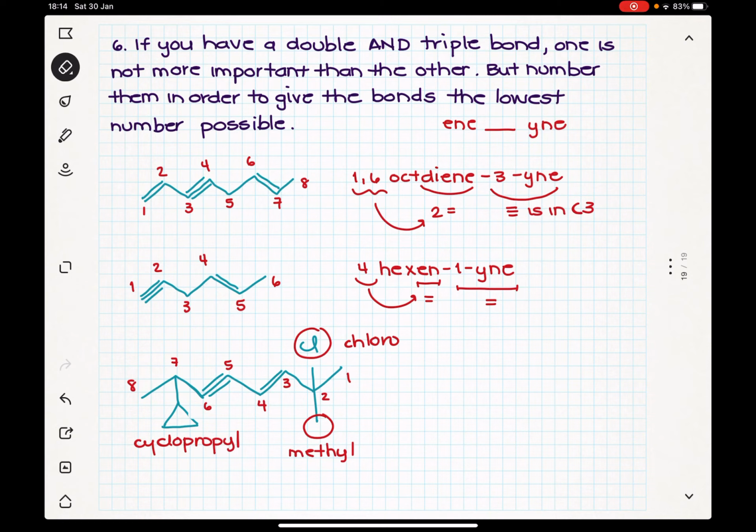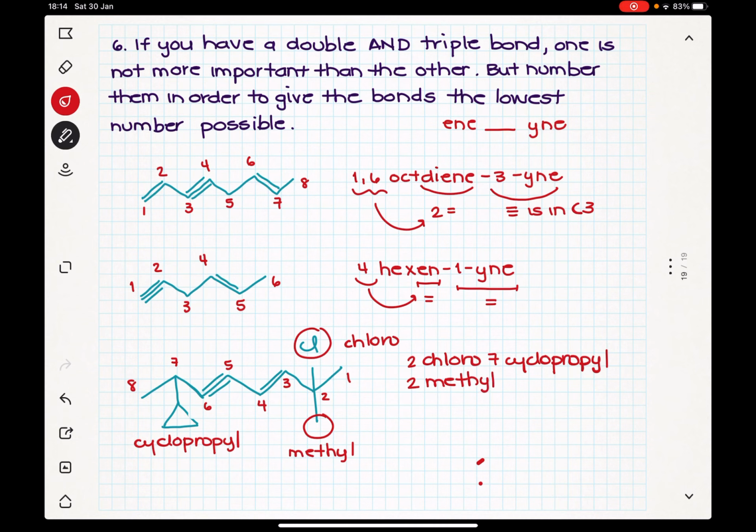So I put it together. I first start with the alphabet: C-H, C-Y. Chloro comes first. So I have 2-chloro, 7-cyclopropyl, 2-methyl, and then come the double and the triple bonds. First the double.